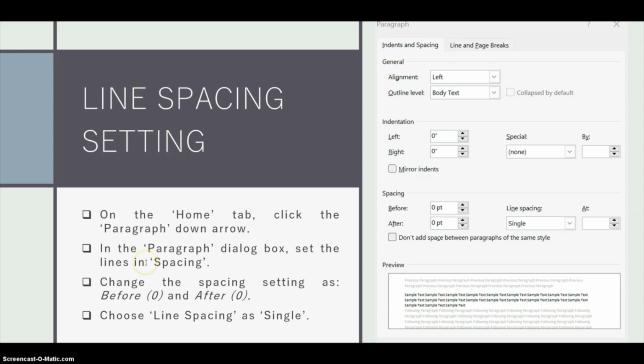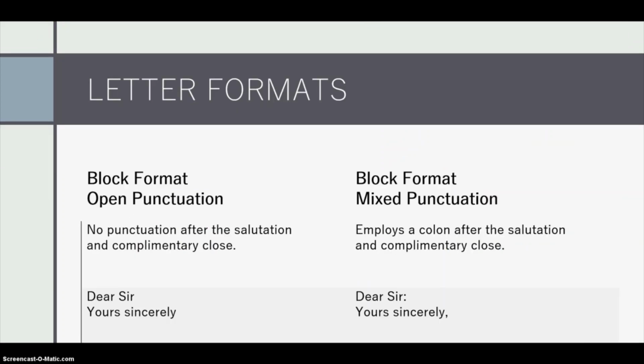If the business letter doesn't consist of any enclosure, we stop at the initial. So this is how the business letter looks without enclosure. If it consists of an enclosure, then right after initial, double space, then type Enclosure.